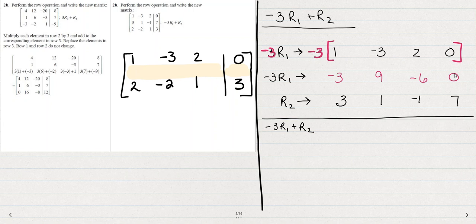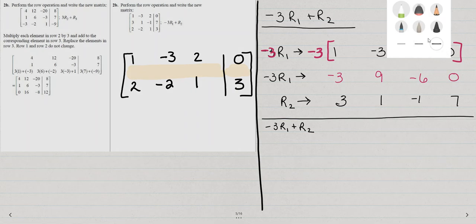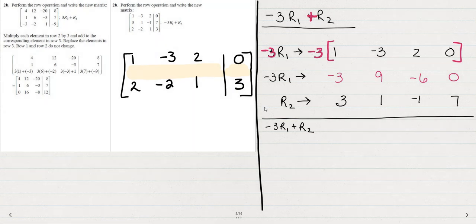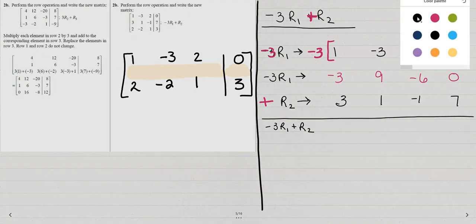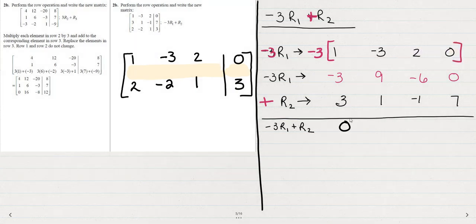I'm going to double check before I go on. Negative 3, positive 9, negative 6, 0. And then I'm going to add that to row 2. When I add this new row 1 to the row 2, I get negative 3 plus 3 is 0, 9 plus 1 is 10, negative 6 plus negative 1 is negative 7, and 0 plus 7 is 7.